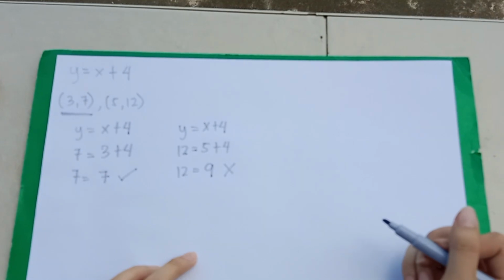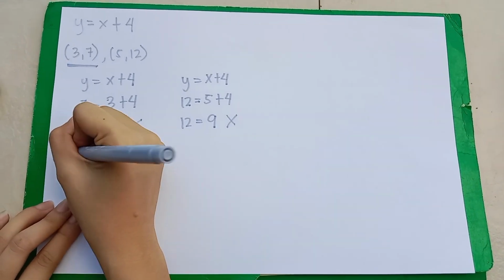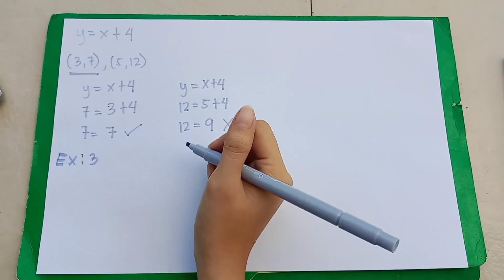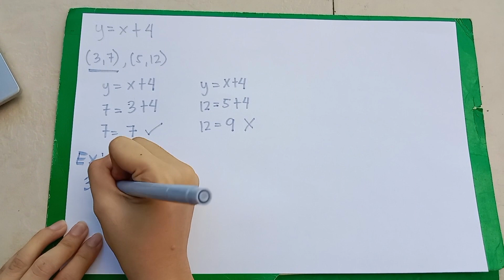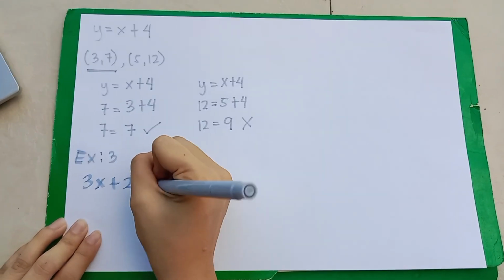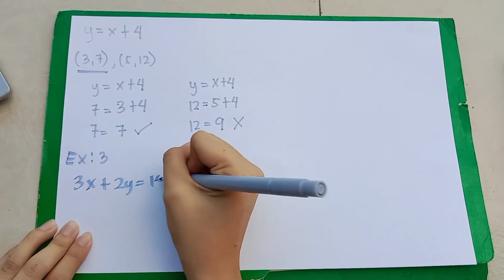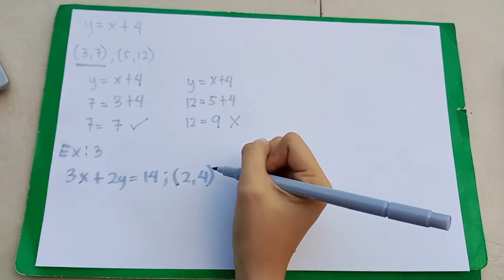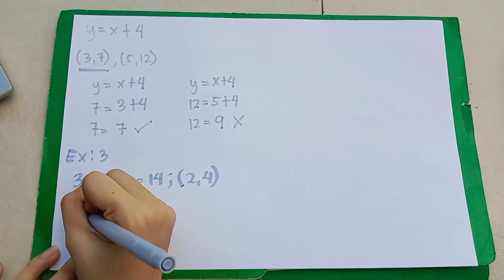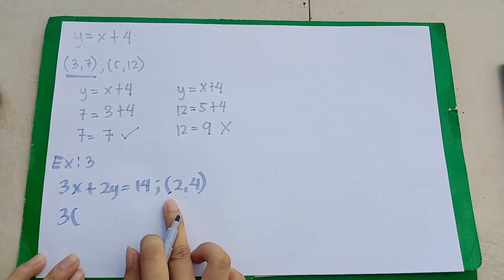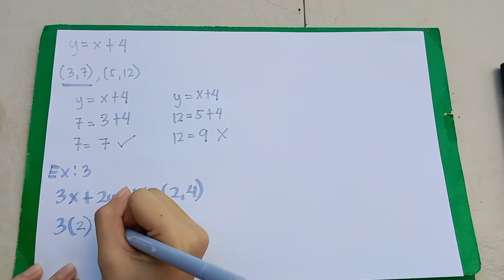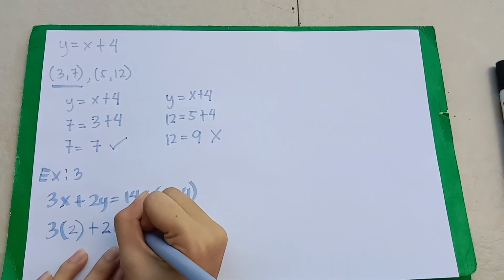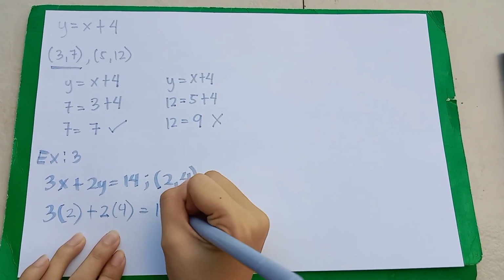Let's have examples 3 to 4. Determine whether the ordered pairs are solutions to the given equation. So in our example 3, we have the equation 3x plus 2y equals 14, given an ordered pair of 2 and 4. Let's substitute. So 3, our value of x is 2, plus 2, our value of y is 4, equals 14.